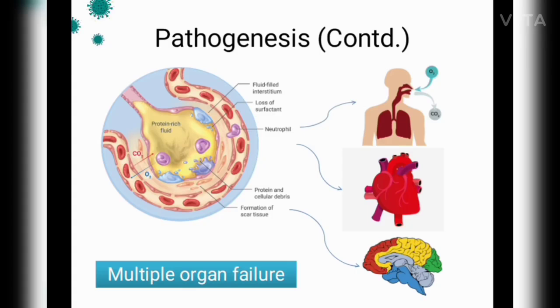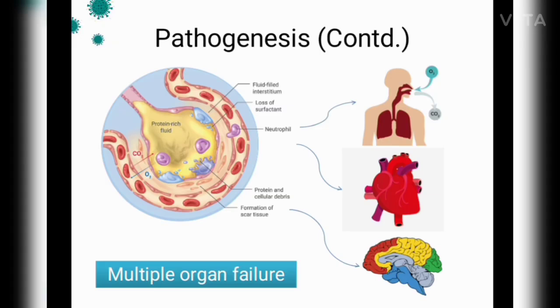At the same time, they also damage surrounding normal cells, leading to difficulty in gas exchange and further damage. The resulting cellular debris gets into the center of the alveoli, causing severe hypoxemia, resulting in a symptom that is irritation and cough.